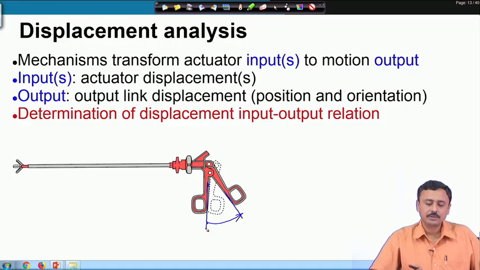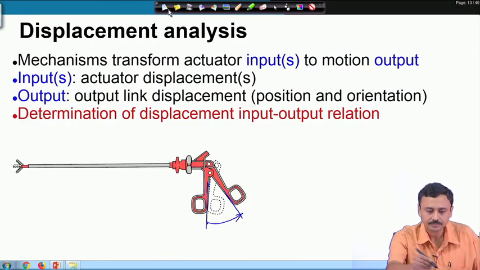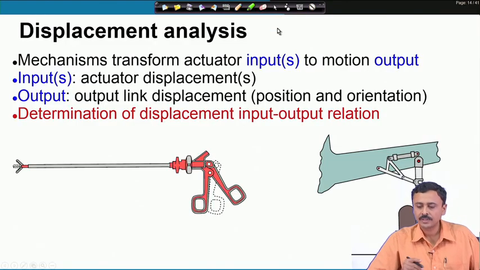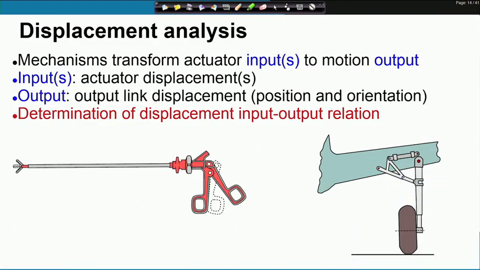Here therefore, we have a relation between the angle of motion of the finger grip to the angle of opening of the end effector. In the case of this landing gear, how much should the prismatic actuator, here we have an actuator, how much this actuator should expand in order to fold the wheel in? This is a problem of displacement analysis.